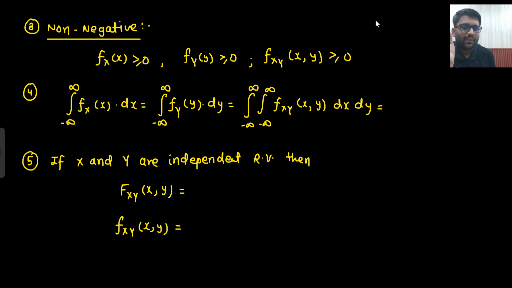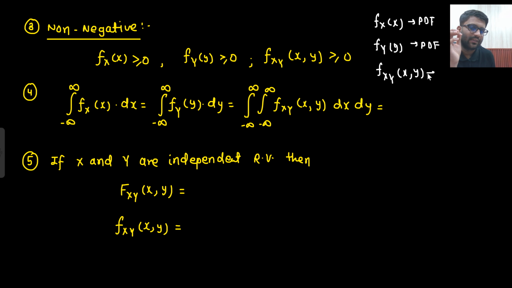So your fx of x was also a PDF, fy of y was also a PDF, and fxy of x comma y was also a PDF, right? So all the properties of PDF will be followed: it will be non-negative. You know that a PDF will always be positive and the area under the curve will be 1.